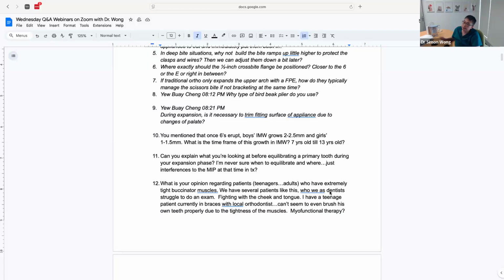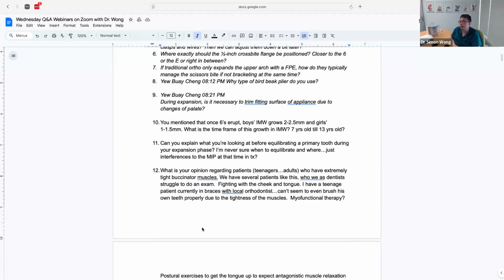Can you explain what you're looking at before equilibrating a primary tooth during your expansion phase? I'm never sure when to equilibrate and where. Just interferences to maximum intercuspation at the time and trim it. So I don't do any equilibration until I finish my expansion and level out the permanent molars with the rest wires.